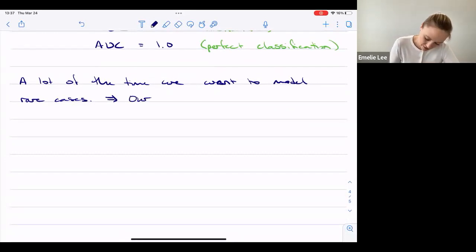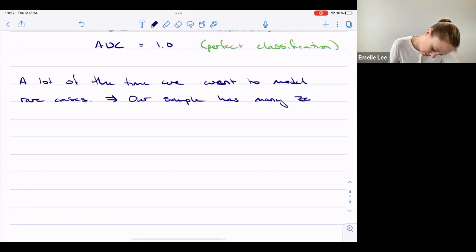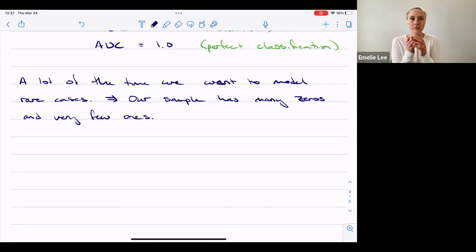So it would mean that our sample has many zeros and very few ones. So you don't want to build a model just based off of this data.